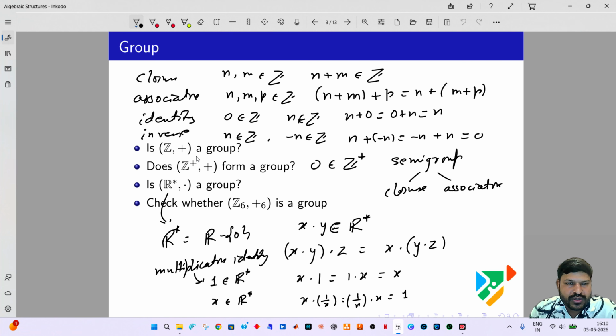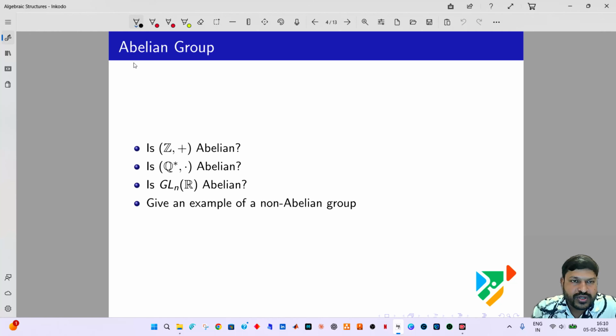The first example and third example, which are groups, are infinite groups. We also have a finite group, which is represented as Z6 with respect to addition modulo 6.